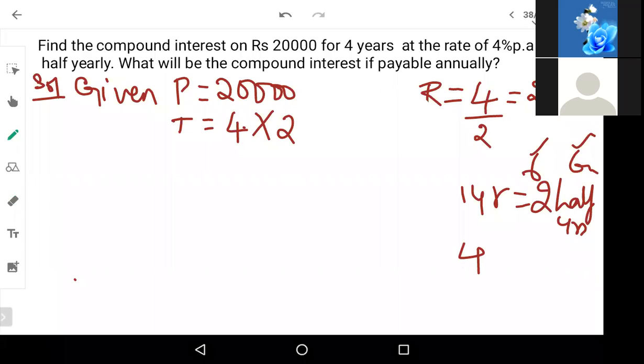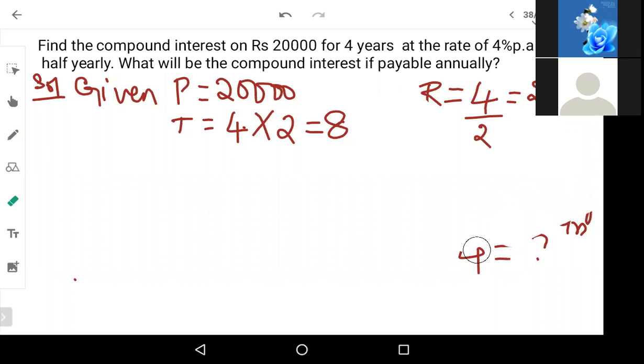Now for 4 years, how many half years? So multiply it by 2. So you get 8 half years. So your time will be 8. Did you understand this? They can ask you half yearly. Half yearly also can be called semi annually. Semi is half. Now we have all the data.